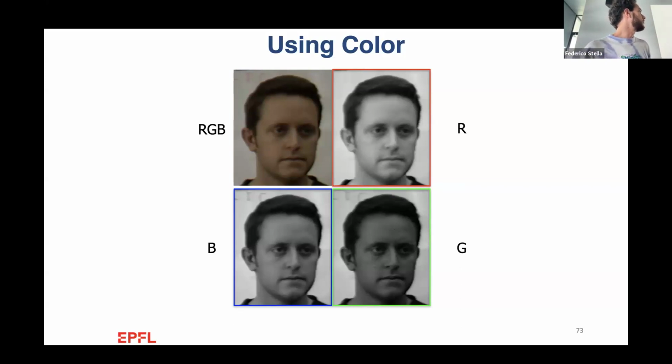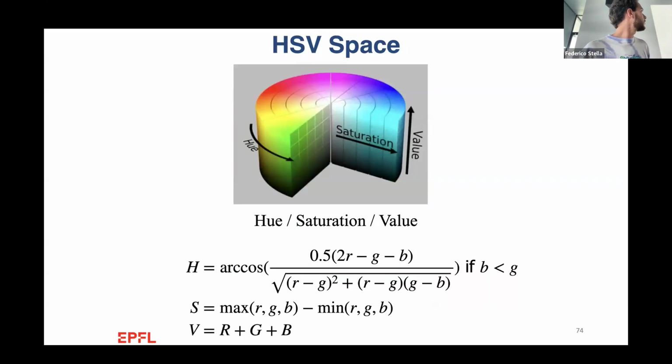So this is kind of a problem for most methods, because when features correlate a lot with each other, they're not so useful. You need to find decorrelated features. And there's a way to do this. It's the HSV space. Instead of using the three color channels, we can use these other three channels: hue, saturation, and value. Without many details, we can simply say that the saturation is how colorful the specific color is, and it's computed as the maximum channel minus the minimum channel.